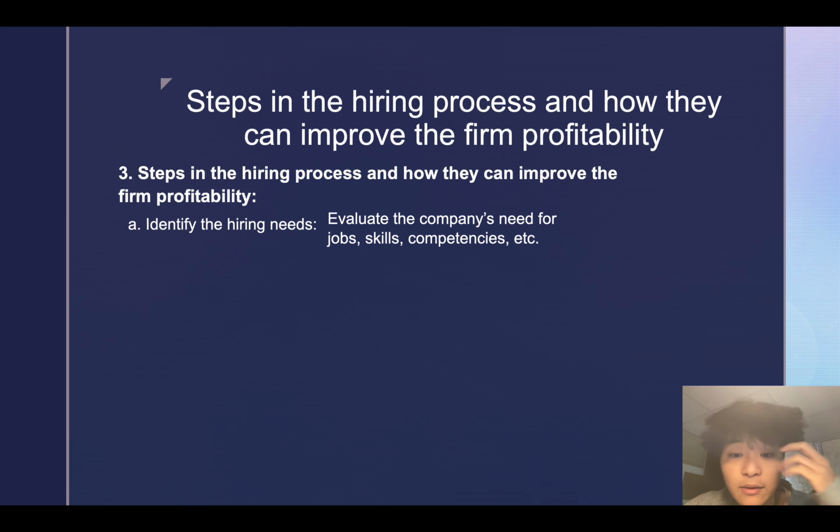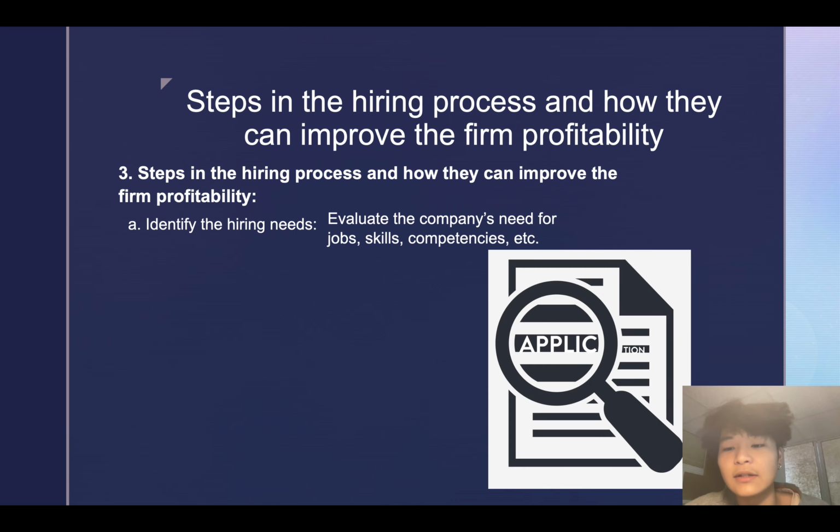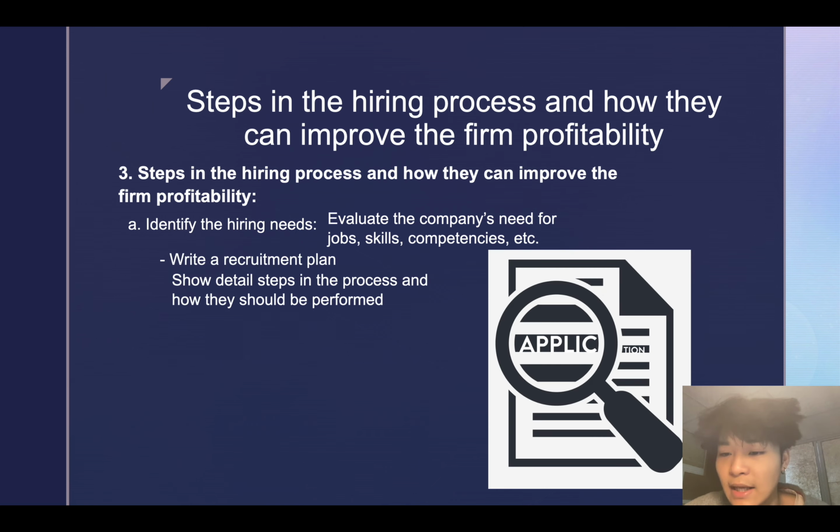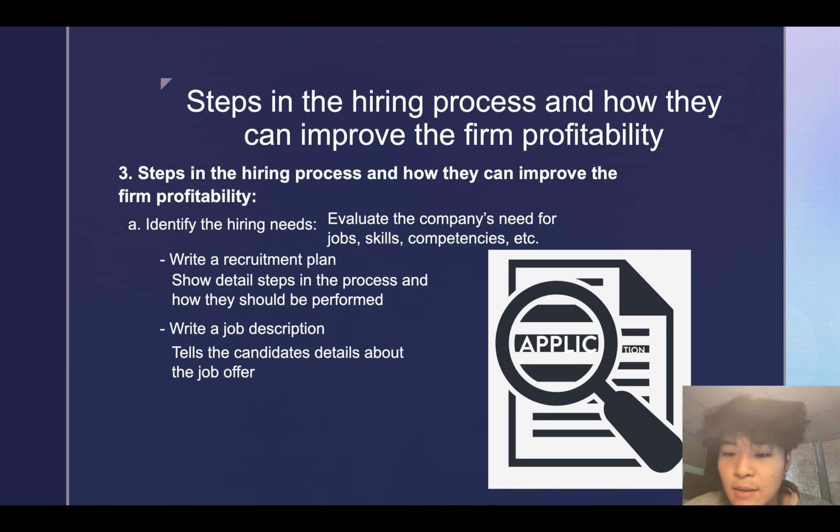And there are two smaller steps in the identify the hiring need step. The first is to write a recruitment plan. This step shows the steps in the process and how they should be performed. This will help the recruiters to know what to do during the hiring process. And the second step is to write a job description.